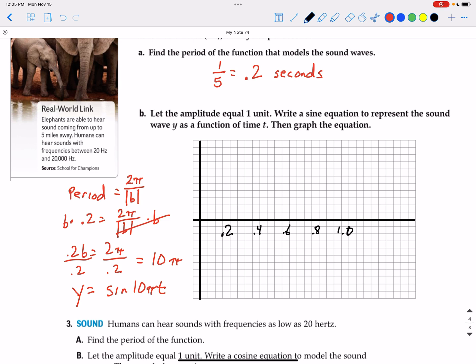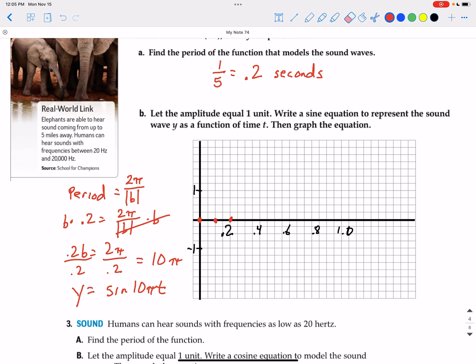Okay, it also said to make the amplitude equal to just 1. So I just need 1 and -1. And since we know the period is 0.2 seconds, this is going to be more accurate to what a sound wave looks like, because it goes up and down very rapidly. So I'll start at 0, and it will end the period at 0.2 seconds, reach the axis in the midpoint.